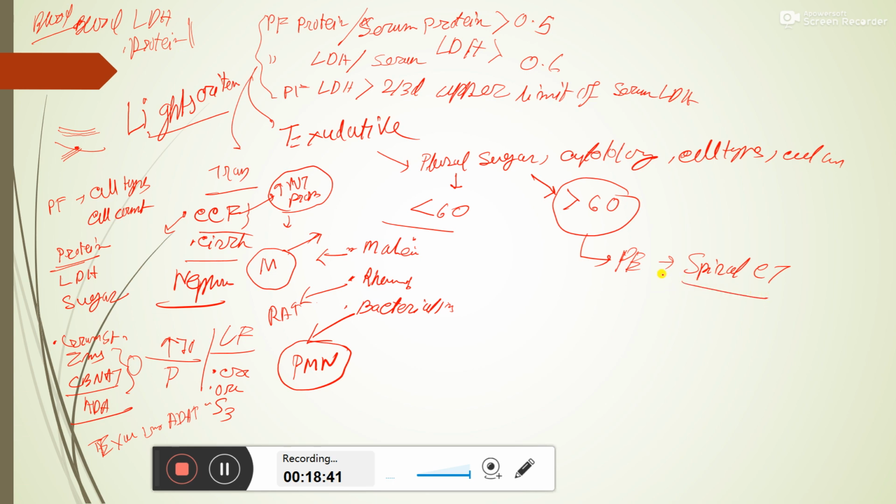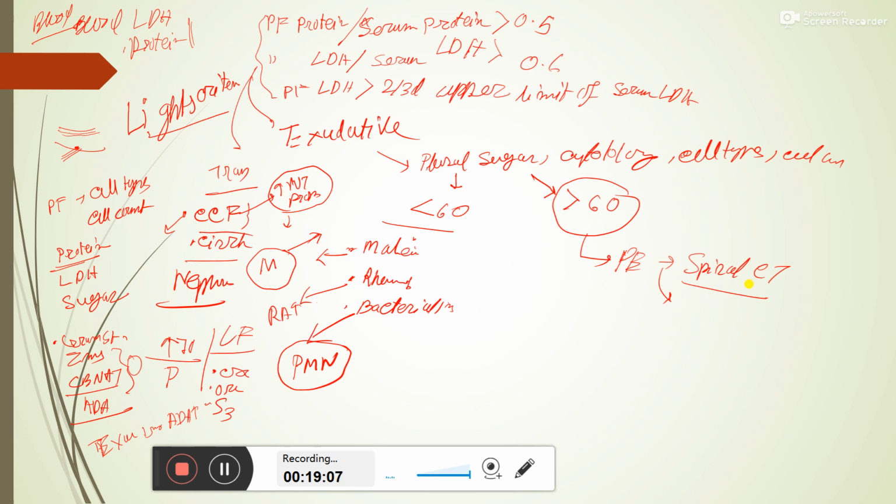CT angiography may also be done, but spiral CT is usual. In ECG, we can see S1Q3T3, and the most common feature in ECG is sinus tachycardia. Clinically, we can suspect pulmonary embolism by Wells' criteria, and we will do a spiral CT.